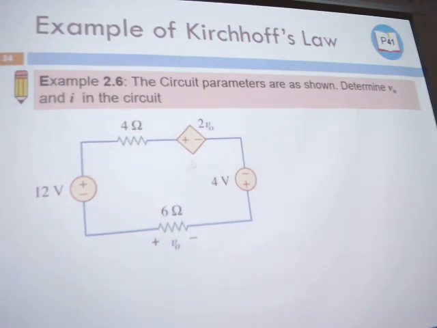This one is the voltage controlled voltage source. Here is the controller, and the diamond means it is a controlled source, and the plus sign and minus sign mean this one is the voltage source.